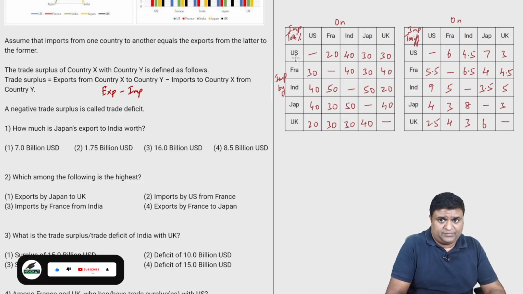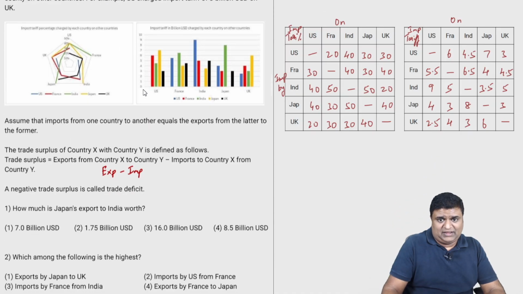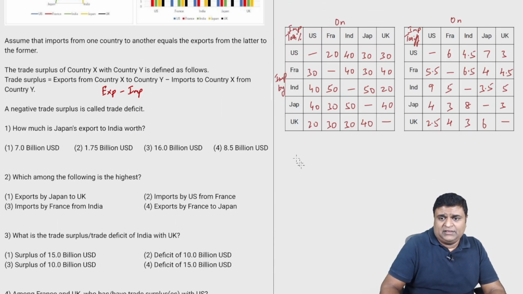Now, what you need to understand over here is we are given the import, right? We are given the import, US import from France, tariff percentage, and the tariff value. And we clearly wrote over there that we have a relationship: the tariff percentage into the import is the actual tariff itself, right? Quickly, let's write it down over here. Tariff percentage into the import itself is going to be equal to the actual tariff.